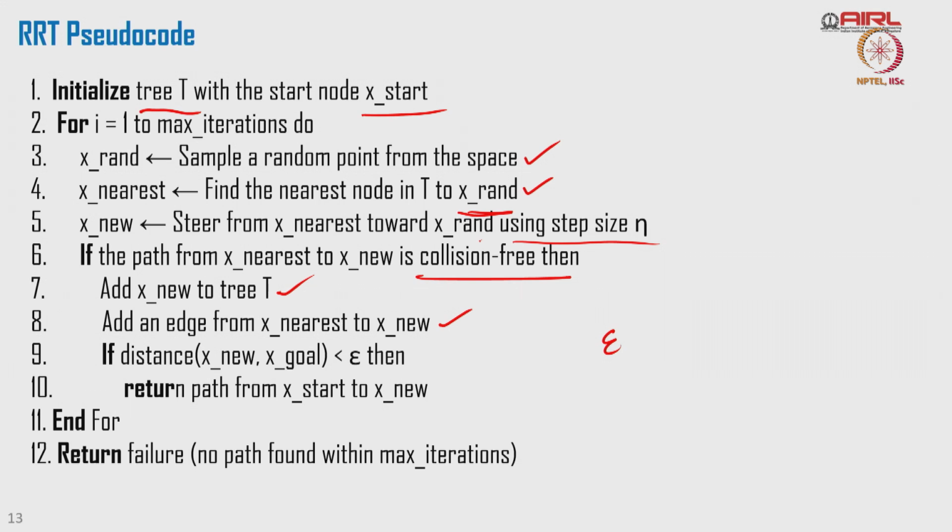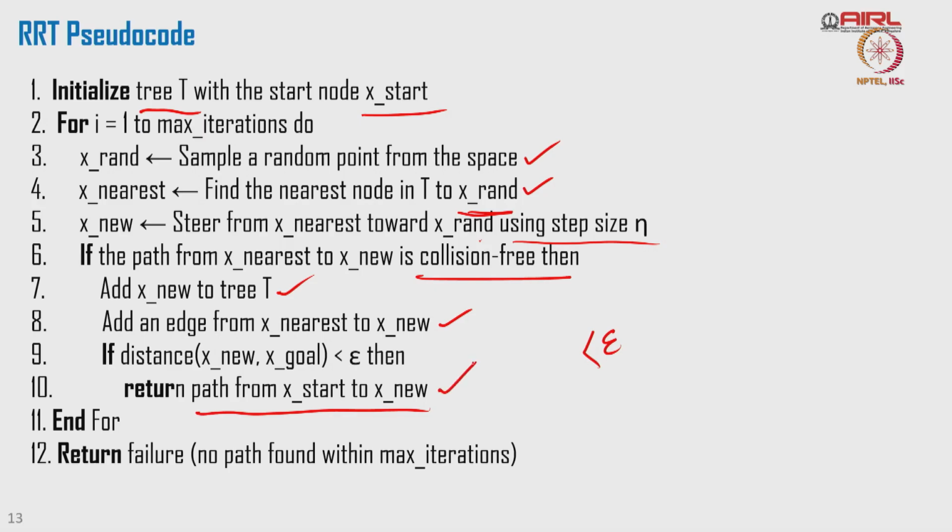If the distance between x new and x goal is less than epsilon, then we say it has sufficiently reached close to the goal point. Then we return the path from x start to x new, which becomes the entire path.